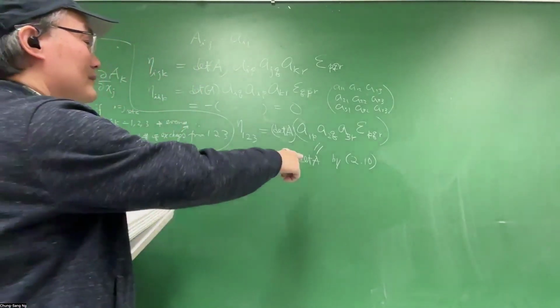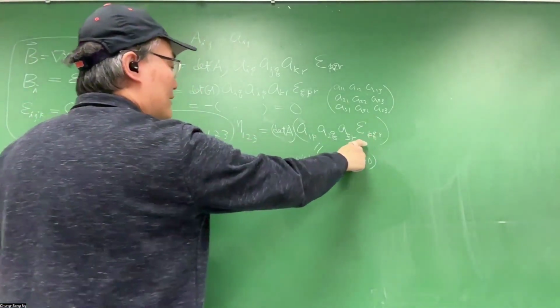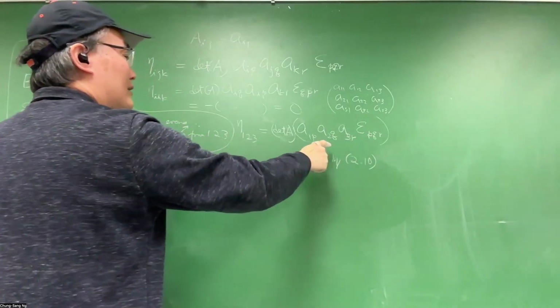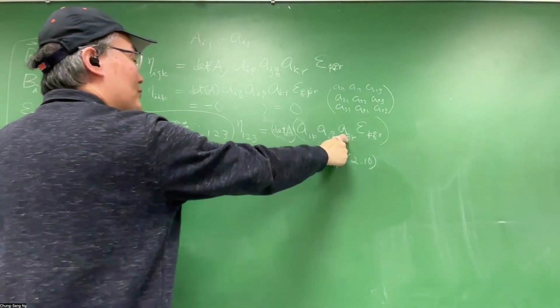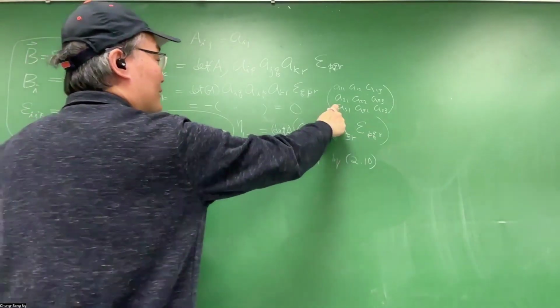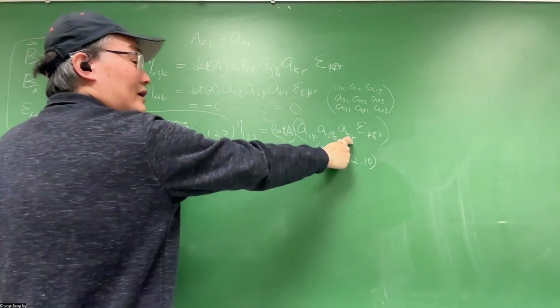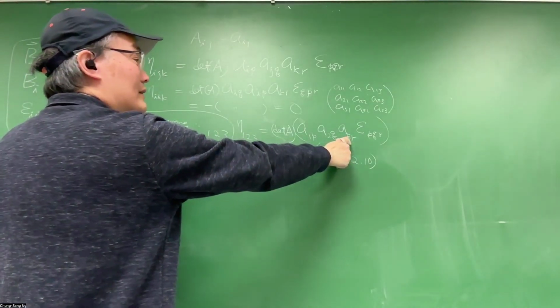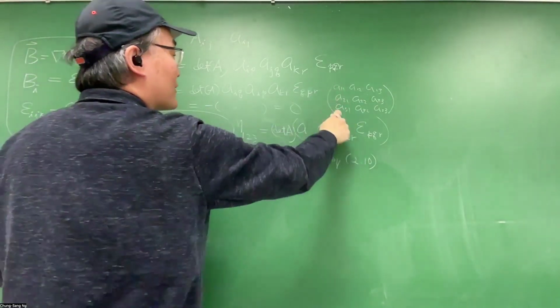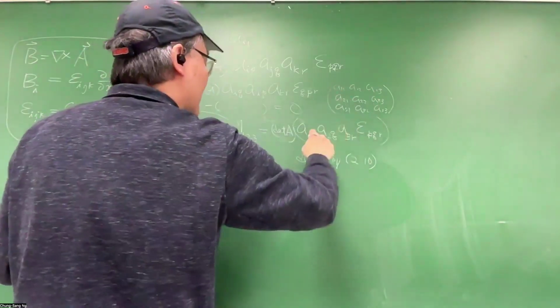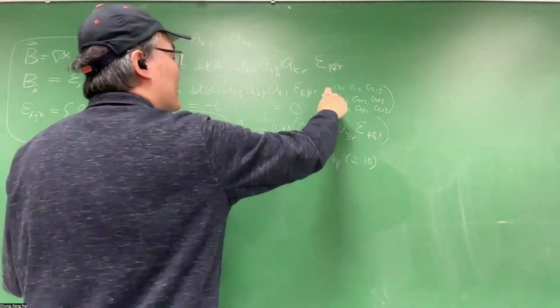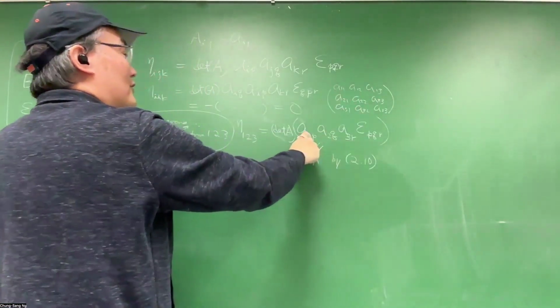It means that it's satisfied that you have no repeated column, so 1, 2, 3, or make sure that the columns are different. One is from column 1, the other from column 2, then from column 3, right? The first row is row 1, right? This is also the first row.